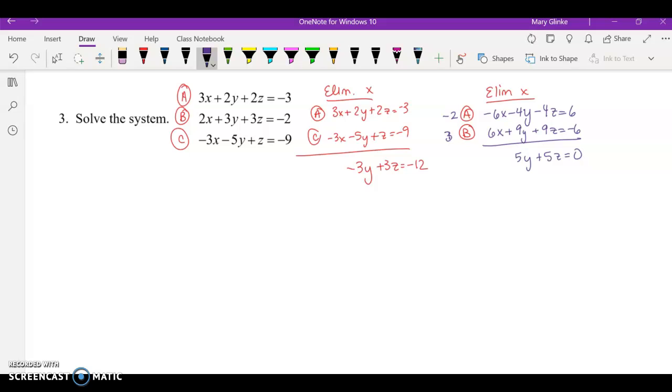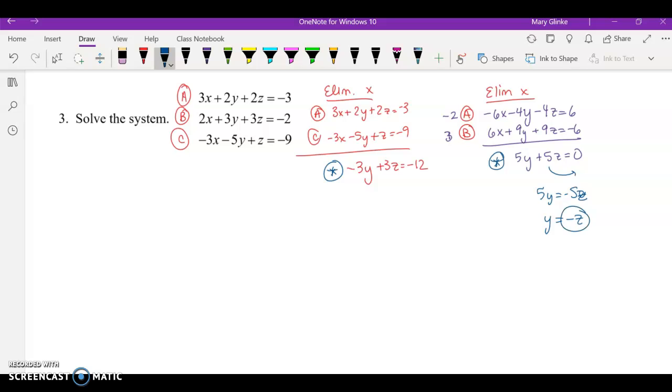So now we can go ahead and use elimination or substitution. You're going to take your two resulting equations and solve for either y or z. For this one, only because I saw that y and z had the same coefficient here, I saw that if I moved the 5z over and then divided by 5, I would get y equals negative z.